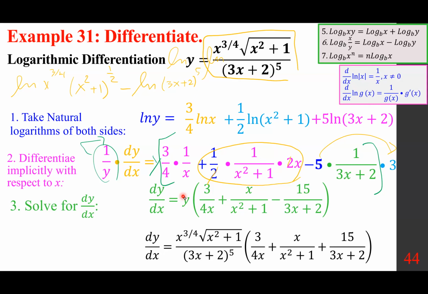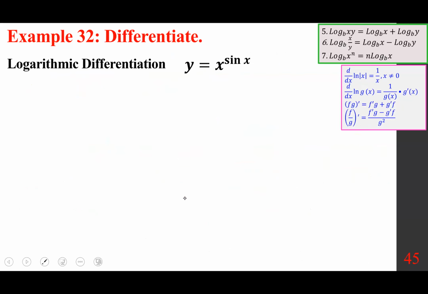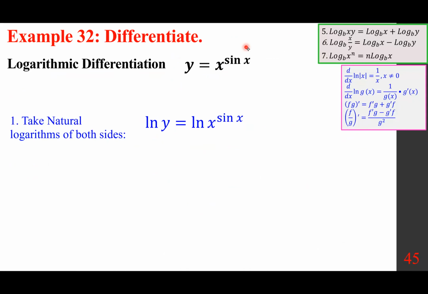All right, let's look at this one. We want to differentiate when you have a function being raised to the power of another function. You need logarithmic differentiation anyways. So to do the logarithmic differentiation, you're going to take the natural log of both sides.